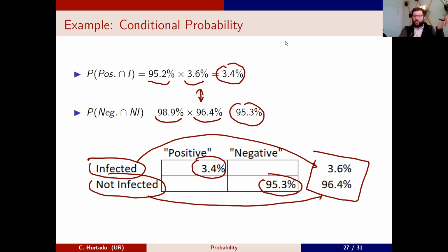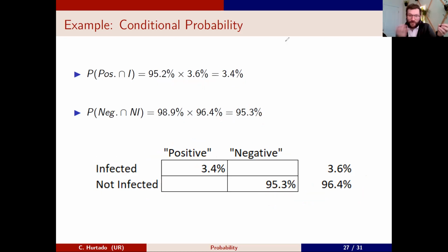Now, why do we care about that? Well, we care about that because we can now figure out all of the other probabilities. If this 3.6 is the marginal probability, that means it's the total probability of infected. Well, it has to add up to the probability of infected and positive plus infected and negative. In other words, I can figure out this as the difference between 3.6 and 3.4, and that will be 0.2%, correct?